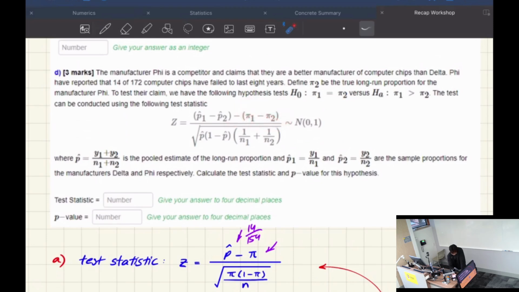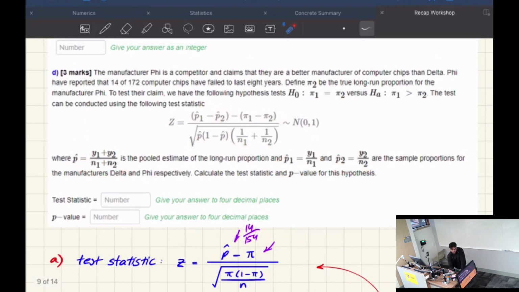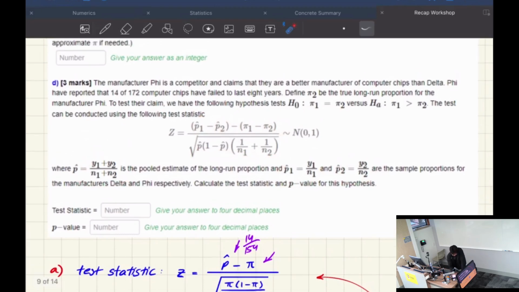P1, calculate using this. P2, using this. The overall P hat, using this formula over here. And then N1, N2 is what we already know. So they've actually introduced phi, and this is the sample proportion for it. 14 over 172. Okay?